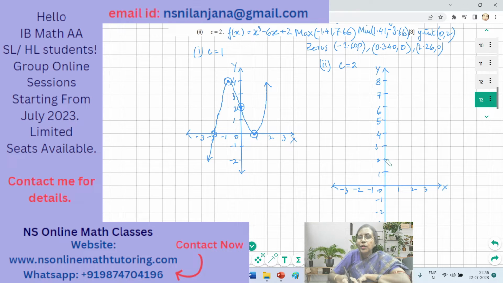So now, of course, the y-intercept will be this one. And the maximum, minus 1.41 somewhere over here and 7.66, maybe over here somewhere.